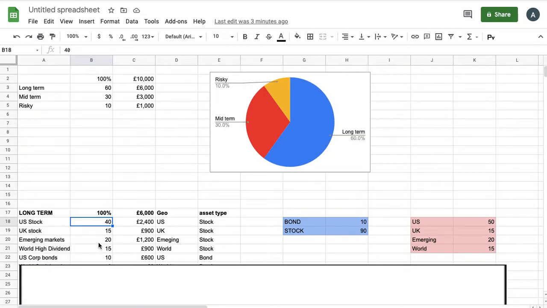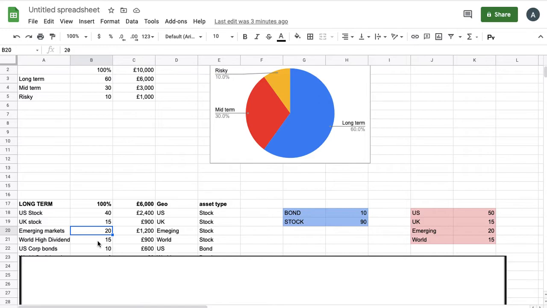Then emerging markets, again, 20%. Then I'm thinking, what else can I do? Okay, actually invest into the whole world, so the best companies in the world, the ones that are paying dividends. As we've previously touched upon, the companies that pay dividends usually are the companies which have already grown enough, and they're not the growth companies.